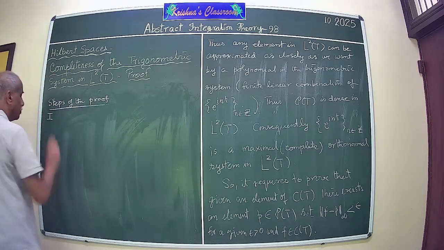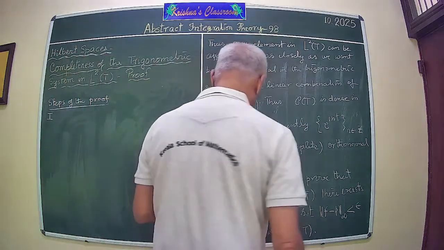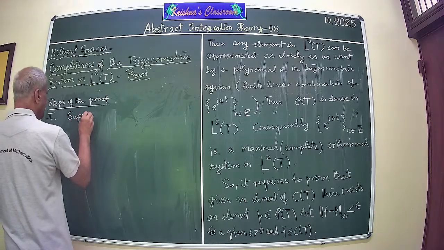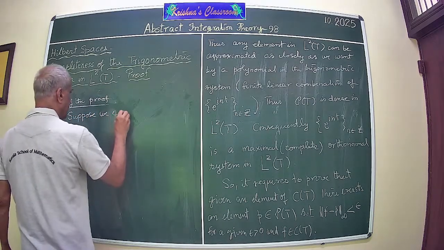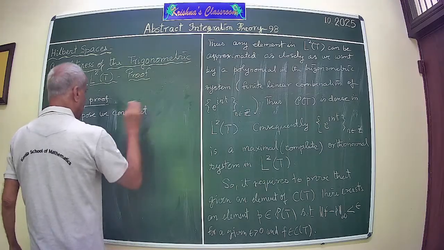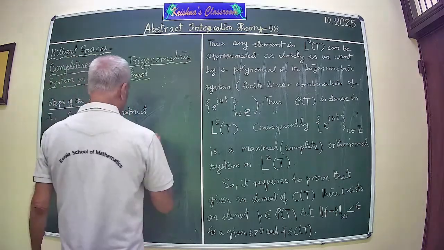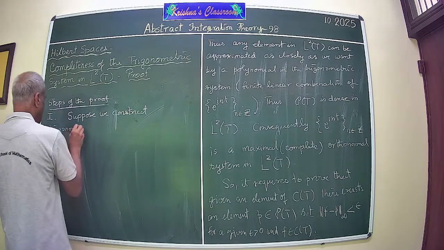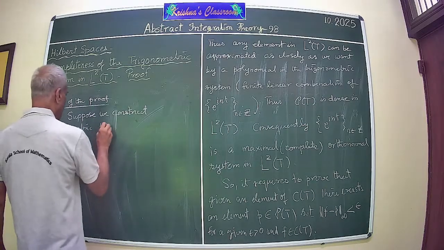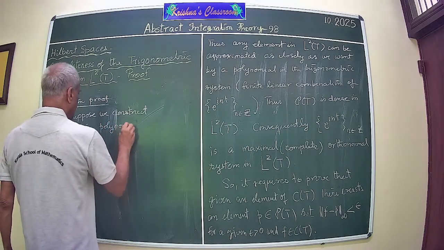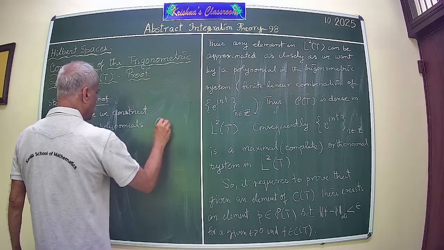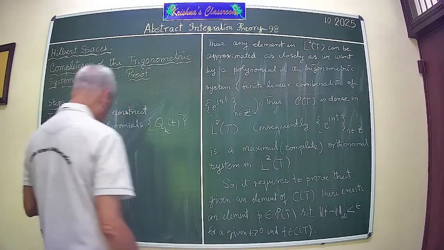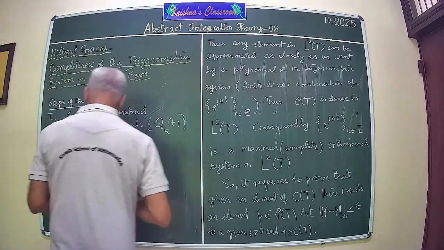The first one: suppose we construct trigonometric polynomials Q_k(t) with the following properties.